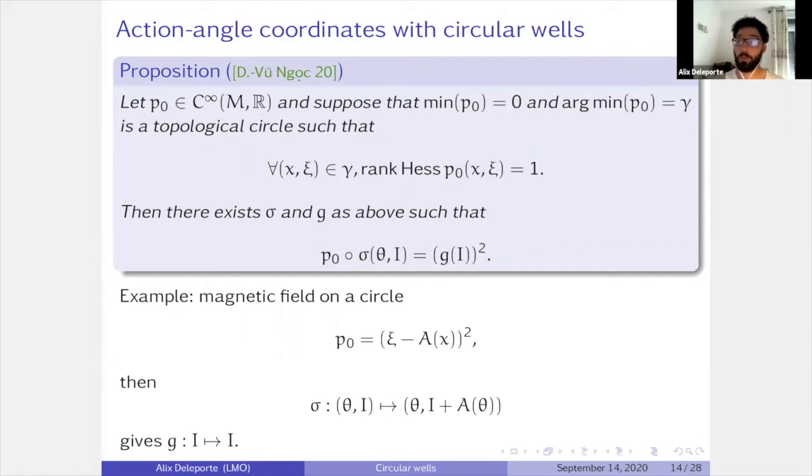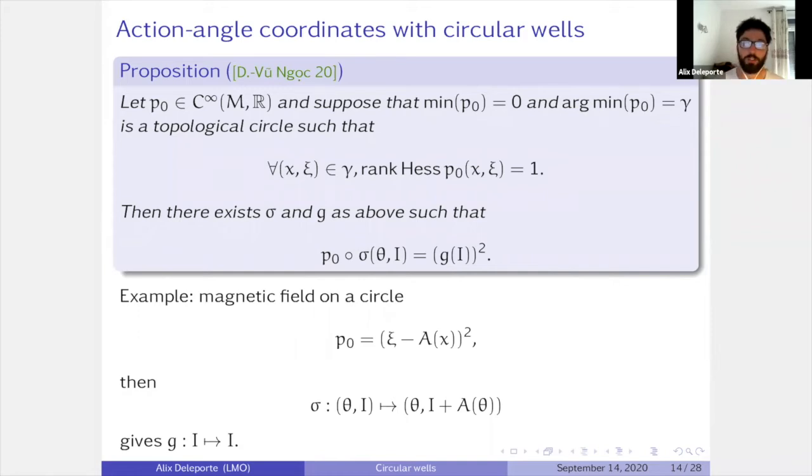Then you can just apply the angle-action theorem to f, and you find your function g. Since p naught is f squared, in those variables it's g squared. And the Morse-Bott condition exactly means that your function f is non-degenerate on the curve gamma. Its derivative is non-zero.